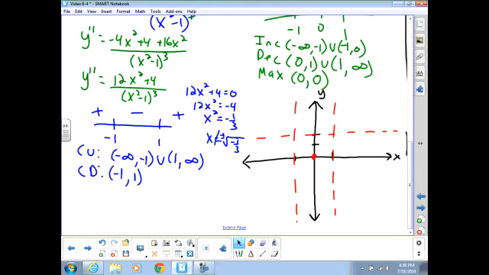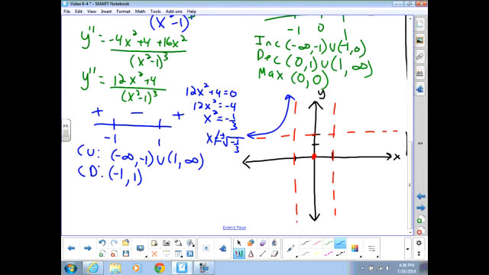So now we'll keep in mind that that 0, 0 is a max, and we'll just draw in using our concave up and our concave down. Well, the first section on the left there needs to be concave up, and because it has to approach that y equals 2, it must be in the upper section. The only way you can be concave up and approach the asymptotes is looking like that.